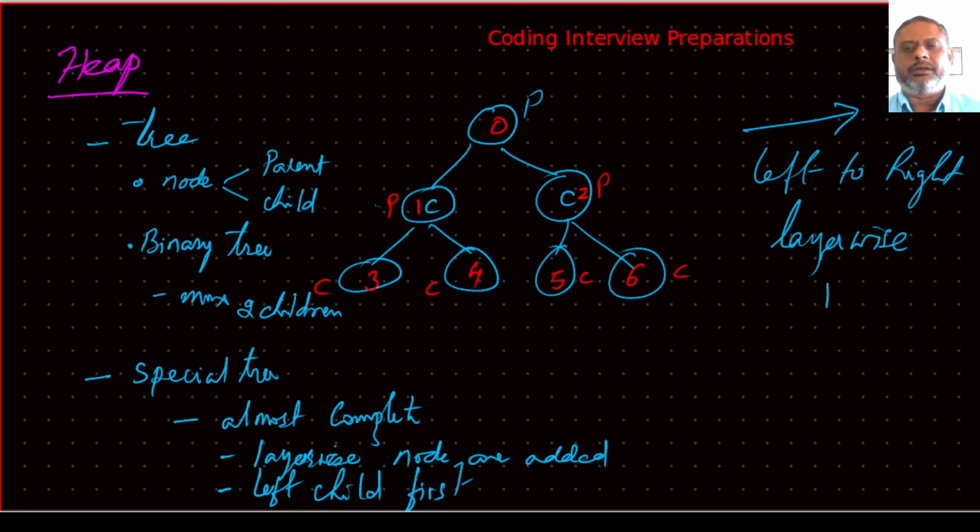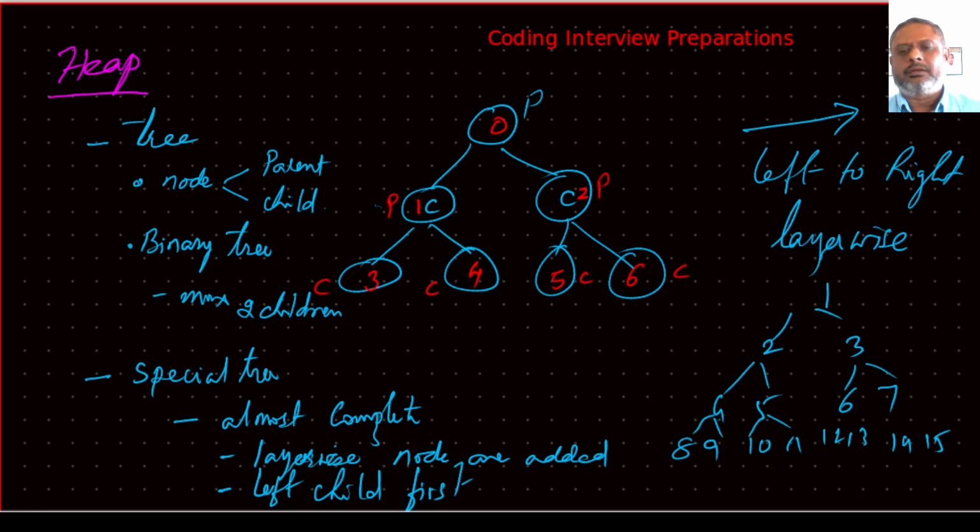So we have 1 here, 2, 3, 4, 5, 6, 7, 8, 9, 10, 11, 12, 13, 14, 15. So that's how it is. So this is the way the nodes are being added. So that makes a heap.